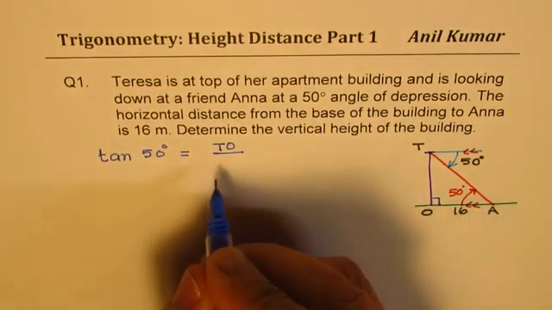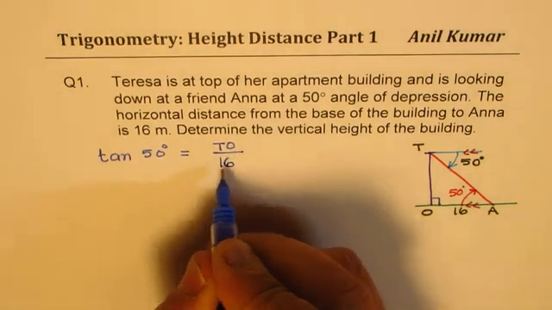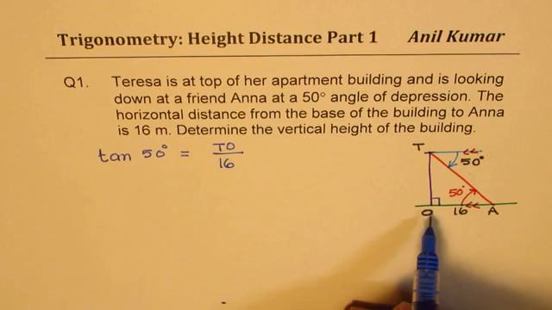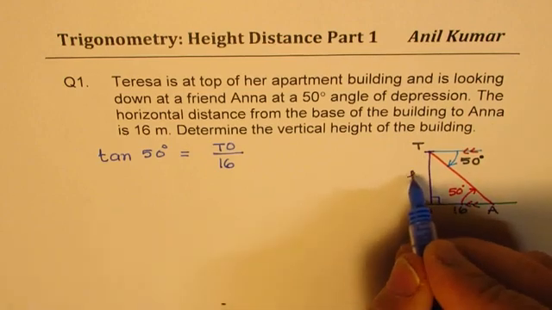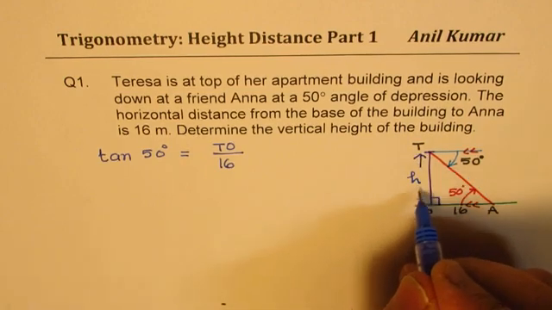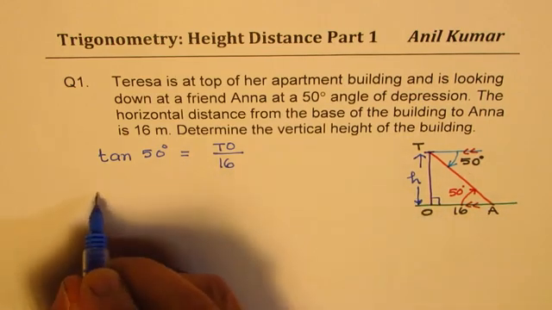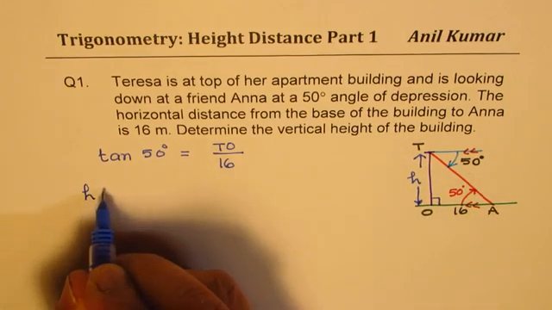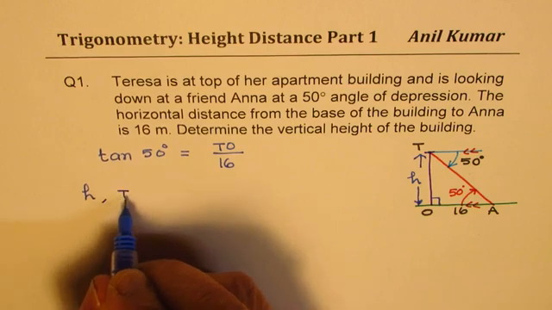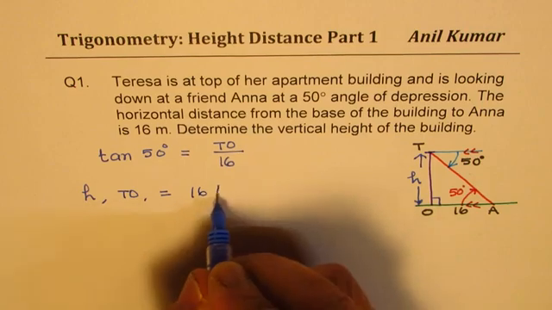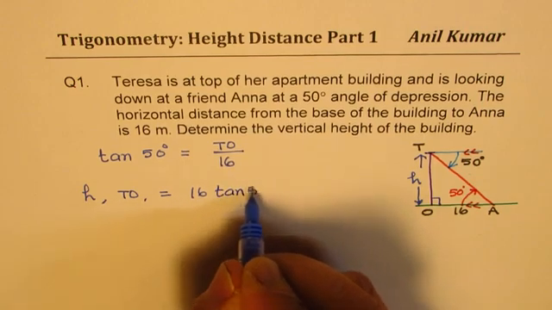So OA is 16. So from this relation, we can easily find what the height of the building TO is, right? So TO is the height of the building, correct? So we can just cross multiply and say the height H, which is equal to T to O distance, is 16 times tan of 50 degrees. Is that clear?